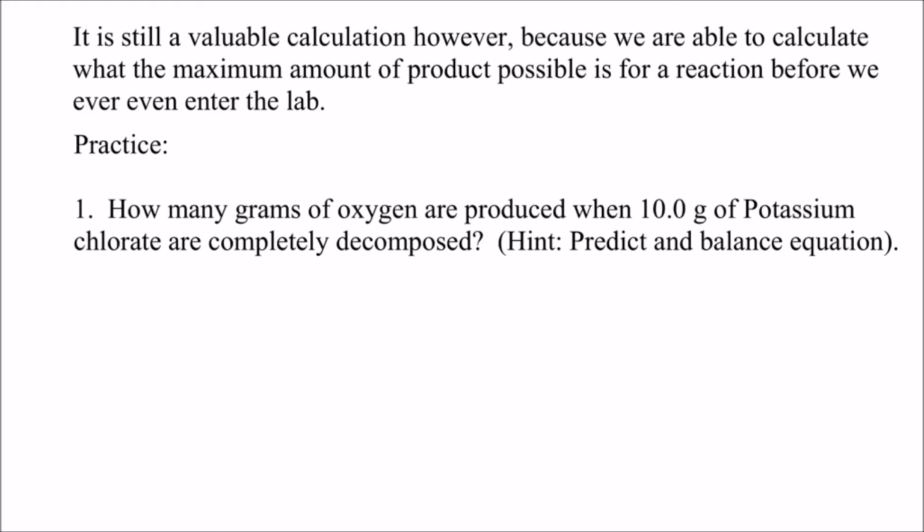It might mean that there's a leak somewhere in your lab equipment, or it might mean that you spilled something, or that you've got too many transfers going on. There's a whole bunch of different scenarios, and this stoichiometry just allows you to notice that something might be going wrong with your experiment.